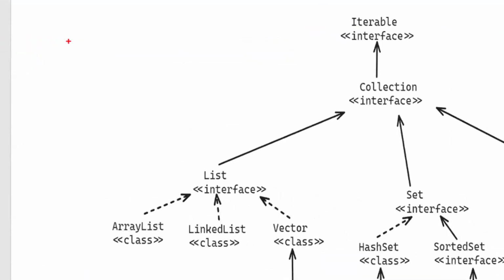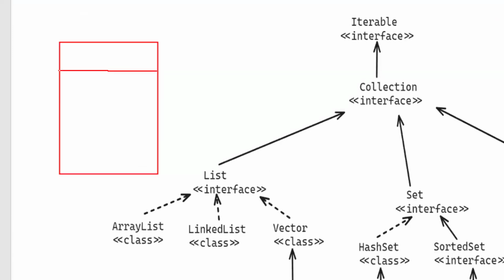If you look at a collection like this, a collection is one object. For example, this is one list object. A collection is one object which can store a group of other objects.